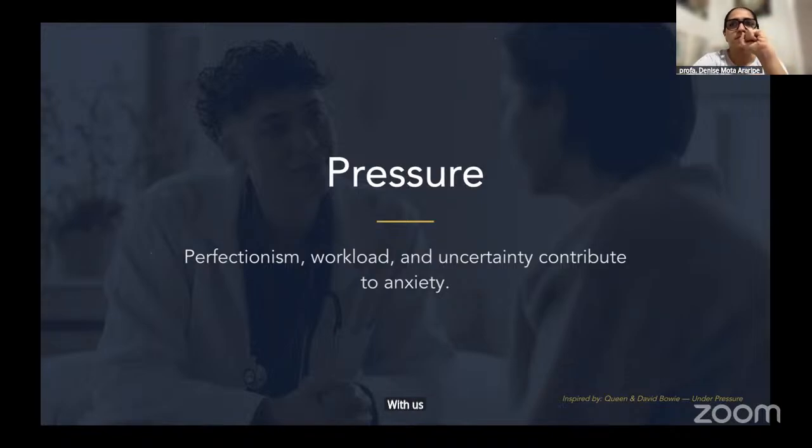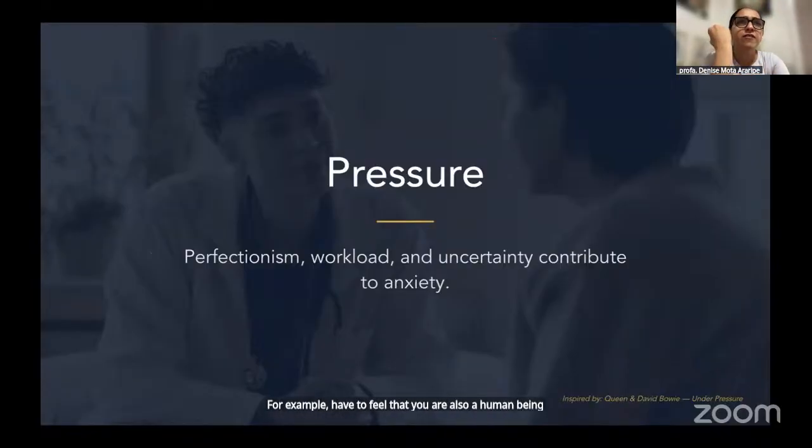The patient, for example, has to feel that you are also a human being, because human to human, we know that fear can exist. This is powerfully true. The patient wants to see a real person, and this reality will not weaken your capacity of care, of making a diagnosis.